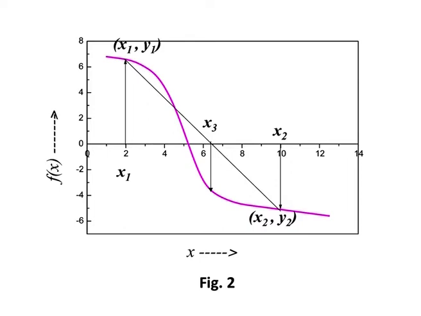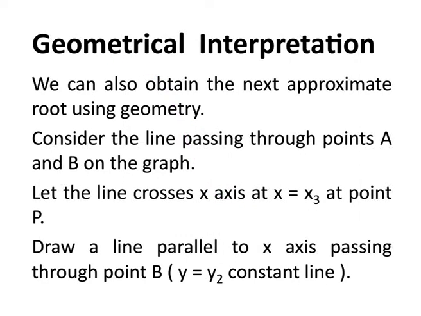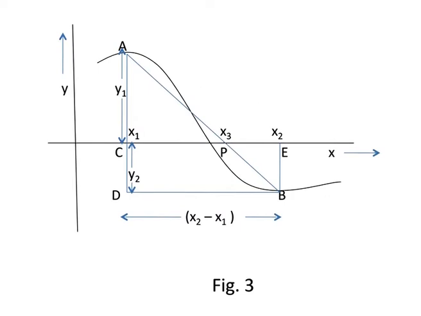We can also derive the same formula by using geometrical interpretation. Now, consider the function graph and take 2 points on the function graph, suppose points A and B, and the corresponding values as we have discussed are x1 y1 and x2 y2.